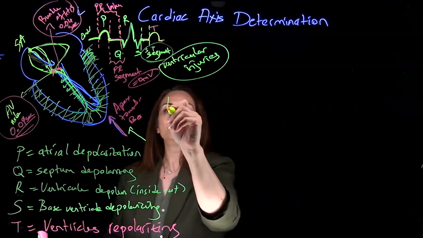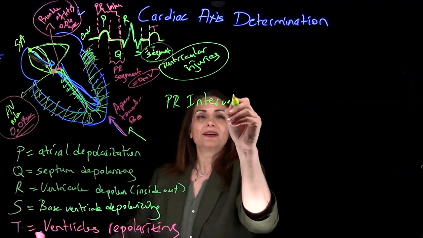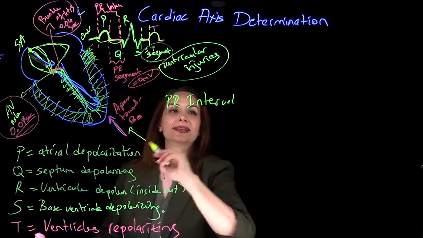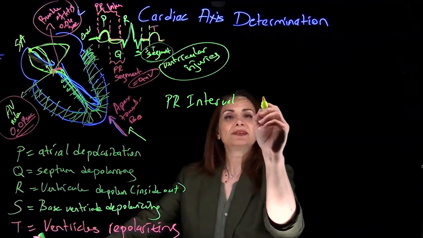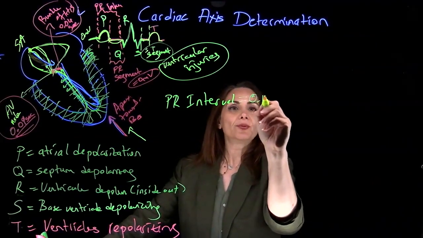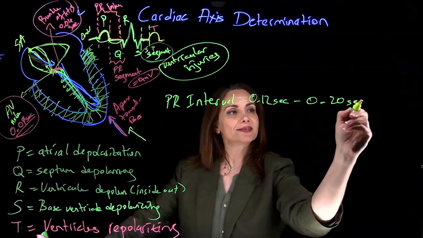And looking at the PR interval, so the atrial depolarization including the delay, the PR interval duration should be between 0.12 seconds to 0.20 seconds.